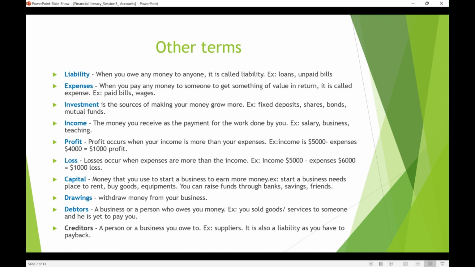Debtors and creditors are very important. Debtors are those who owe the business. Say, for instance, the restaurant did catering for a customer, and the customer still owes the money. They invoiced, but the invoice has not been paid. That is a debtor.